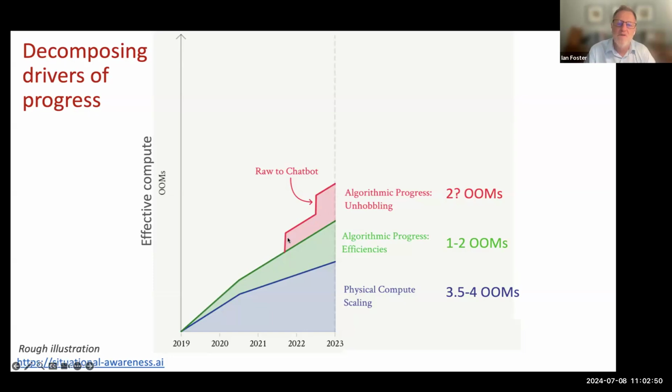But moving, for example, from a model that just predicts the next token to one that you can chat with makes for greater effectiveness. And so he estimates that as being another 2 orders of magnitude. If you add those together, you get a pretty remarkable improvement in capability over just 4 years, and he argues this is why we're getting results such as I showed at the beginning, with this increase in model performance on so many benchmarks.